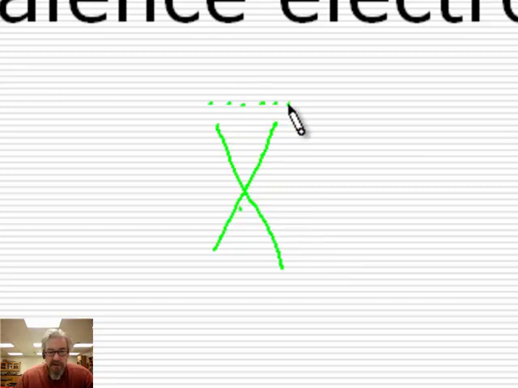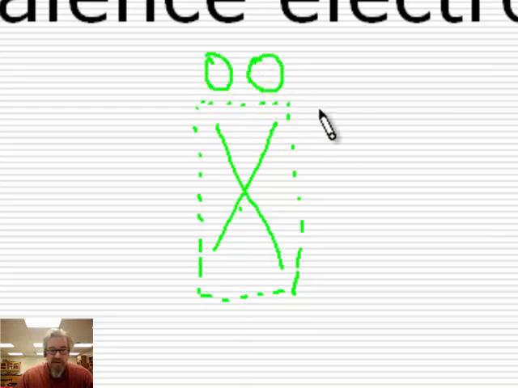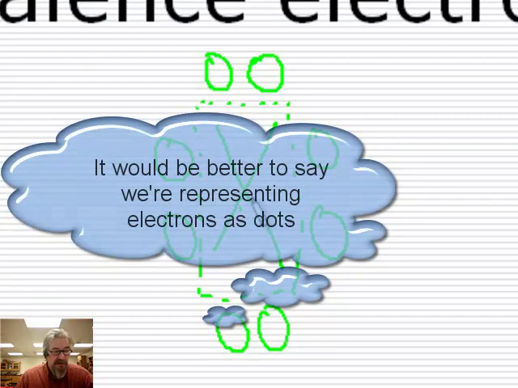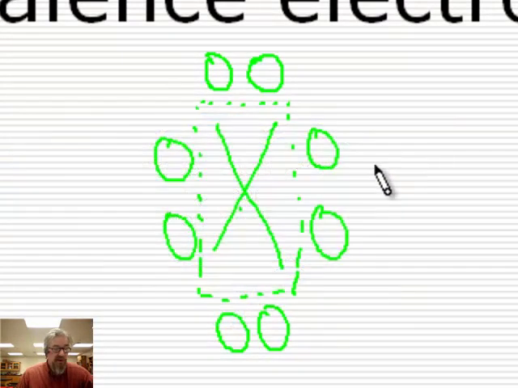If you think about this symbol as having 4 sides to it, and there being a maximum of 8 electrons, Lewis said, why don't we do this? Let's make 2 spots where electrons could go on each side, and we'll represent the dots as electrons. So every dot is an electron. So each side gets a maximum of 2 dots. There are 4 sides around the symbol. That gives you a maximum of 8 dots.